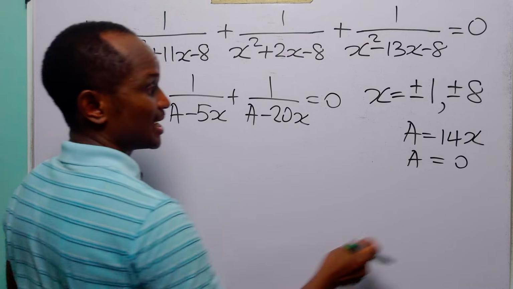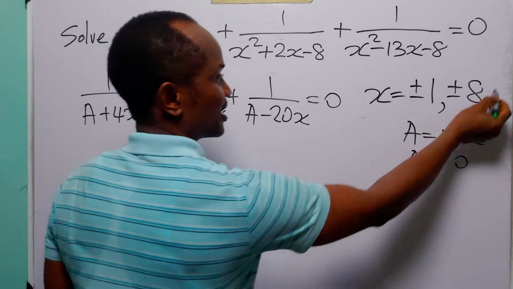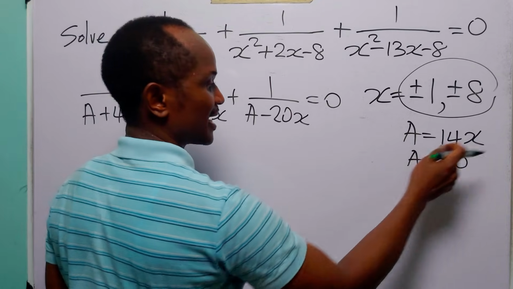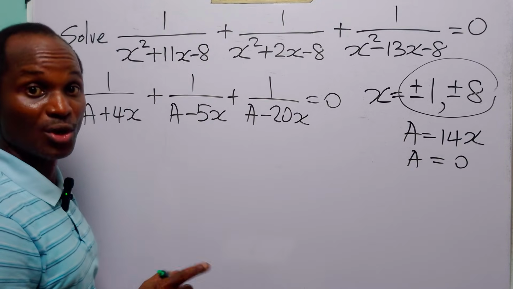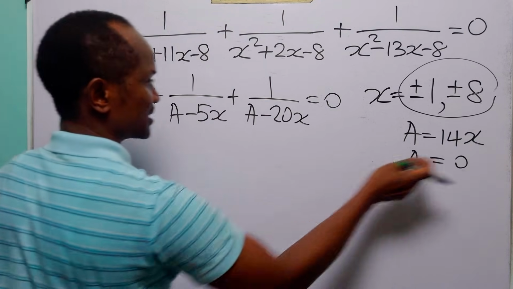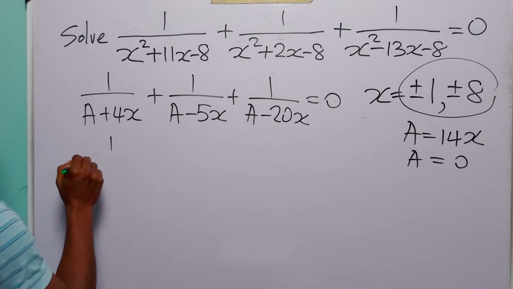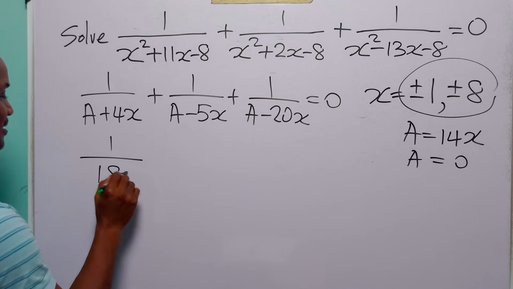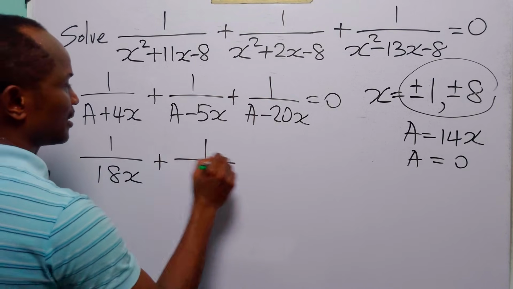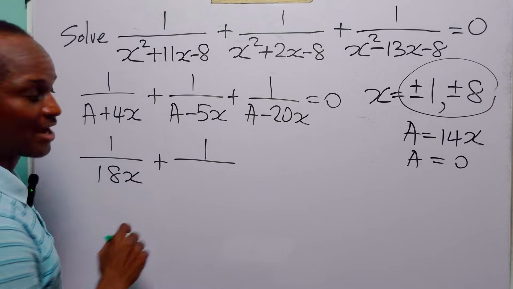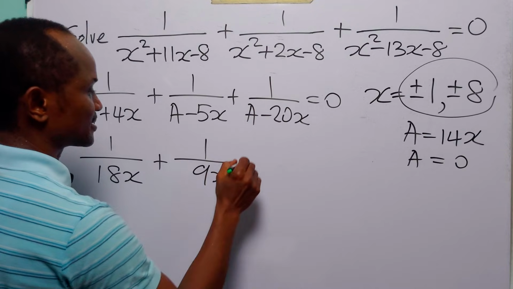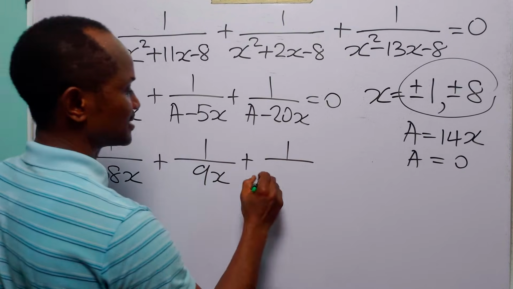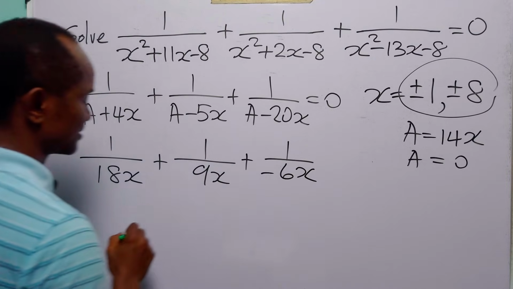And of course, you know that the values of a that generated these four values of x are a equal to 14x and a equal to 0. So when a is equal to 14x, this equation becomes 1 over 14x plus 4x is 18x, 14x minus 5x is 9x, 14x minus 20x is minus 6x.